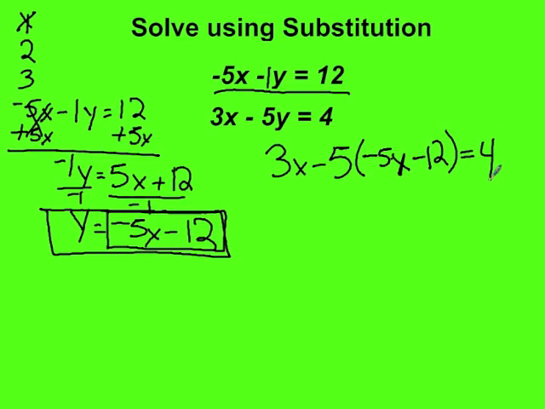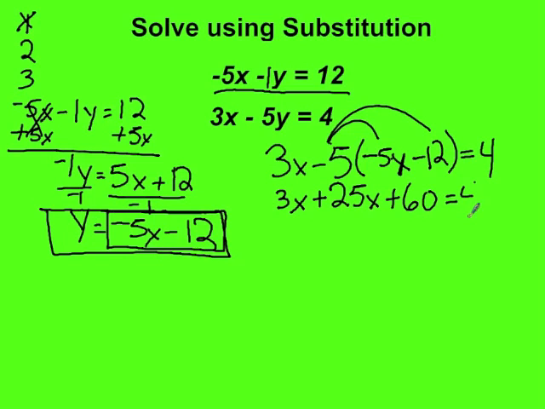Then I'm going to simplify. So I get 3x. To get rid of the parentheses, I need to distribute. I have a -5, so -5 times -5x is 25x. -5 times -12 is positive 60. That equals 4.